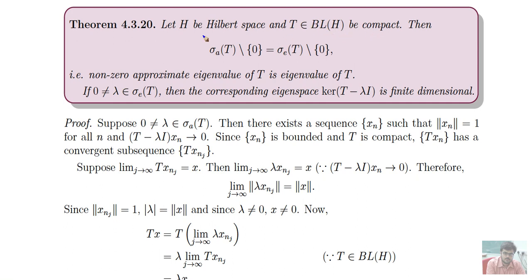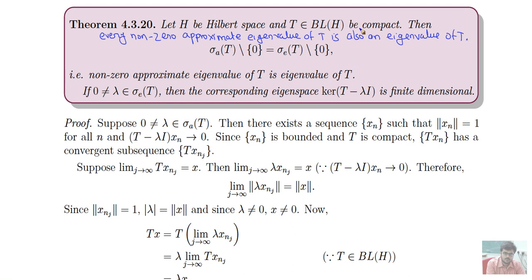If T is compact, then every non-zero approximate eigenvalue of T is also an eigenvalue of T. I have written this in symbols. This is a very useful result. We'll see in the next result how it is used.